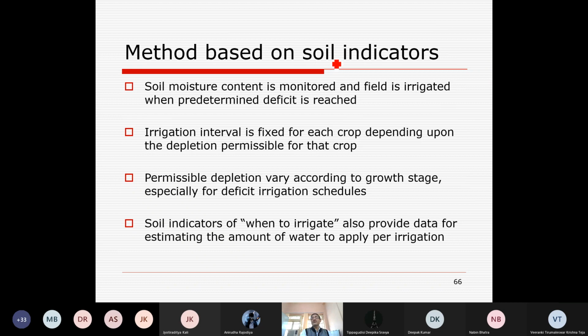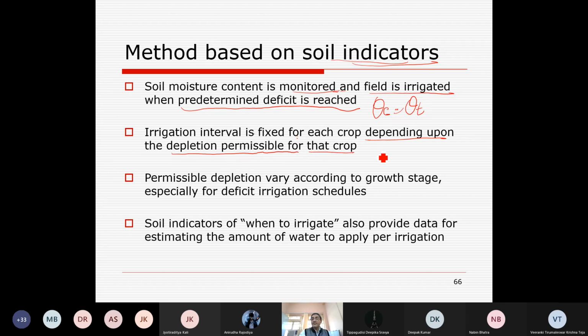and then methods based on soil indicators as well we can use. Like simply we are measuring soil moisture. So soil moisture content is monitored and the field is irrigated when a predetermined deficit is reached, just like theta critical, that is denoted earlier as theta T. So irrigation interval is fixed for each crop depending upon the depletion permissible for that crop.